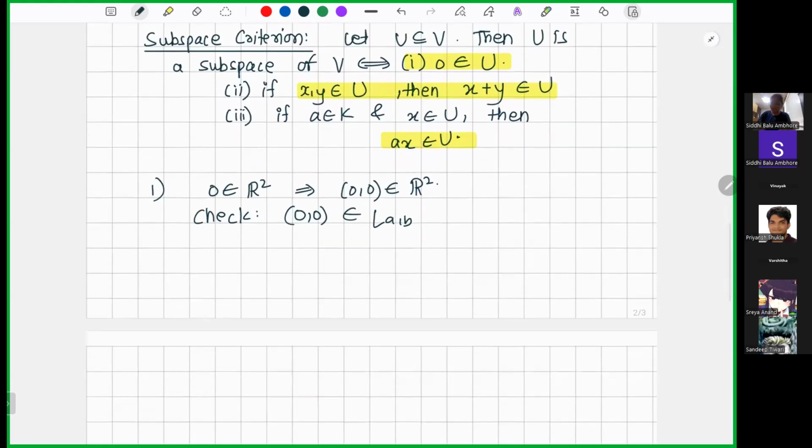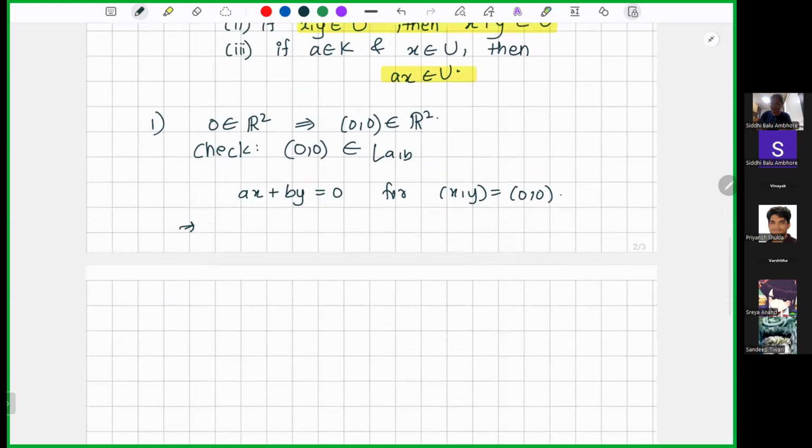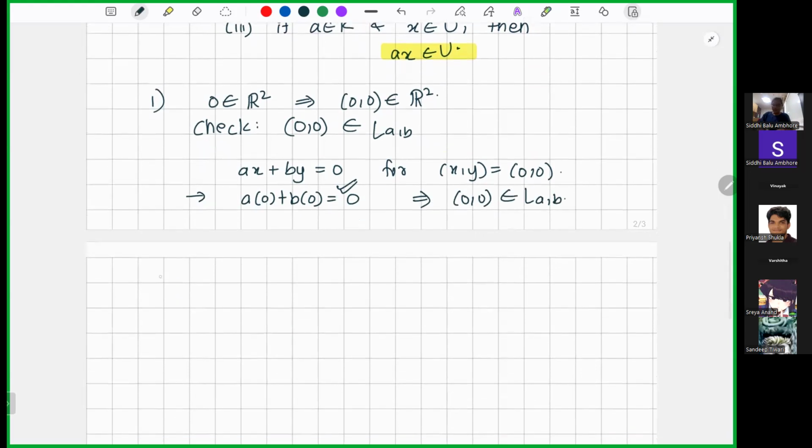So what we need to check is whether AX plus BY is equal to 0 for X, Y equal to 0, 0. That is A times 0 plus B times 0, which is 0, so it is satisfied. Therefore, this actually belongs to L_AB. So we have checked that 0 belongs to that set.